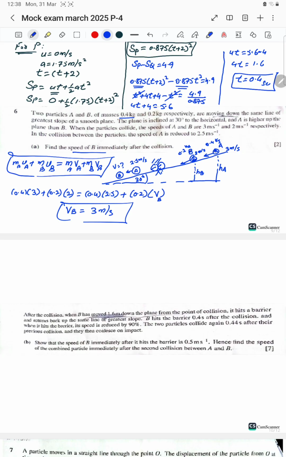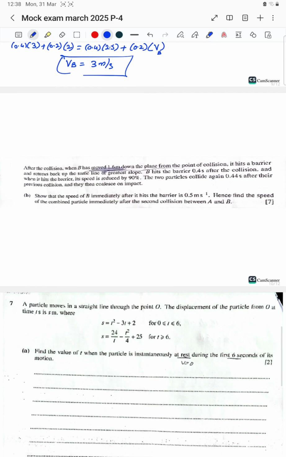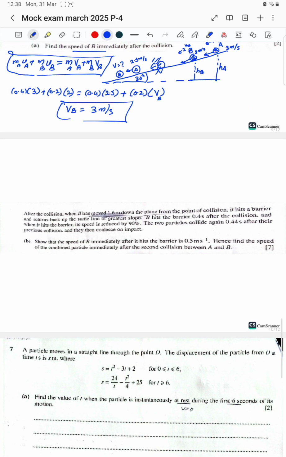2 marks question. After the collision, the particle B has moved 1.6 meter down the plane from the point of collision. It means here, if I start the new figure, A is coming, say he is here, B will be here.